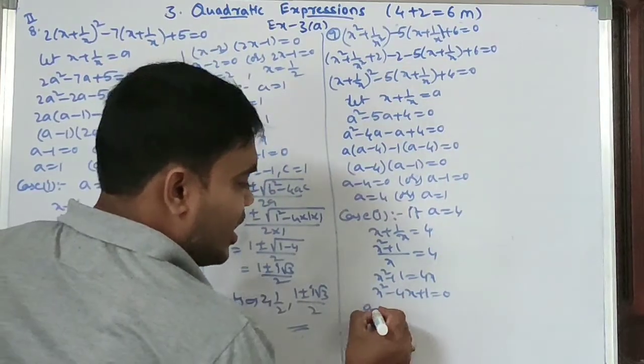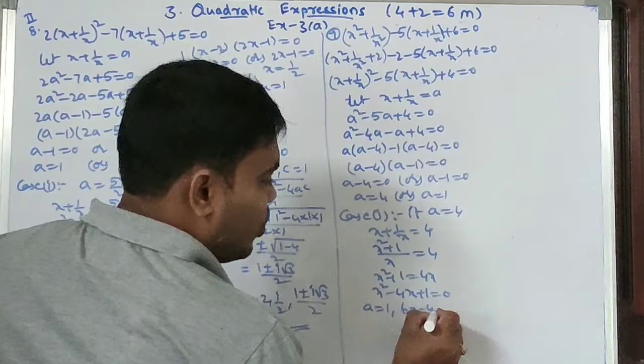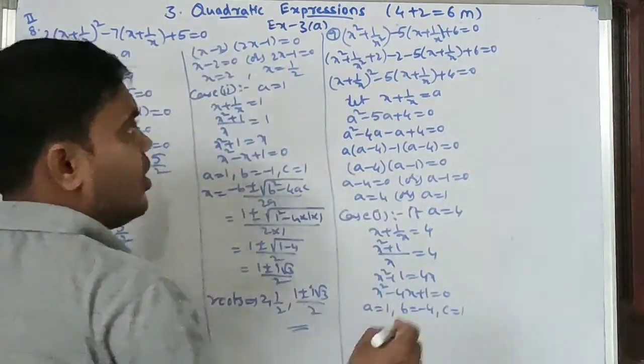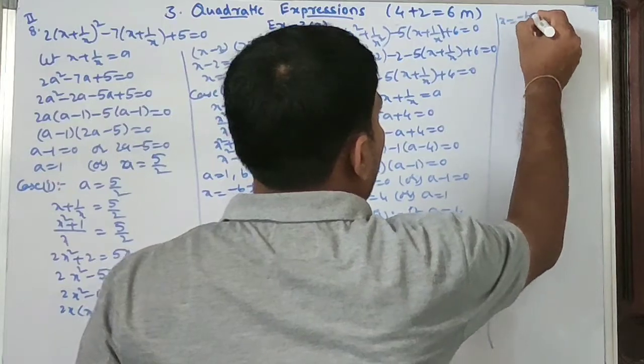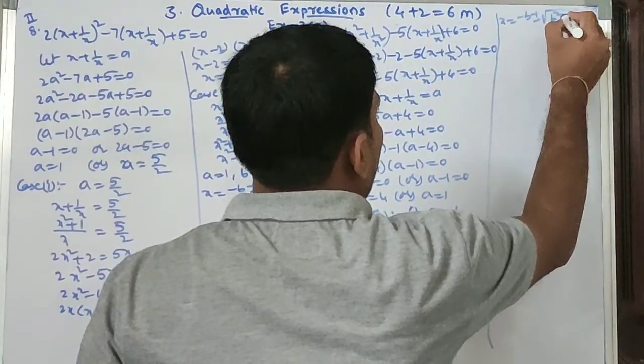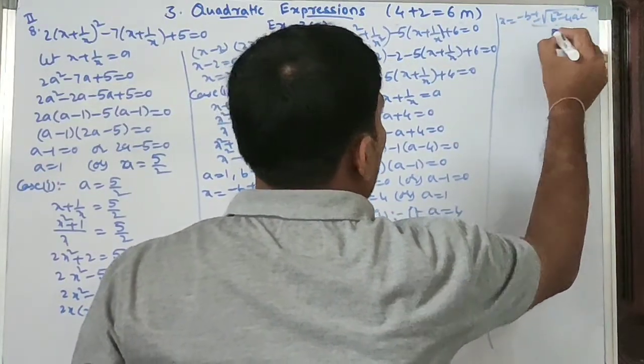Now I am taking a equal to 1, b equal to minus 4, c equal to 1. So by the quadratic formula, x equal to minus b plus or minus under root b square minus 4ac by 2a.